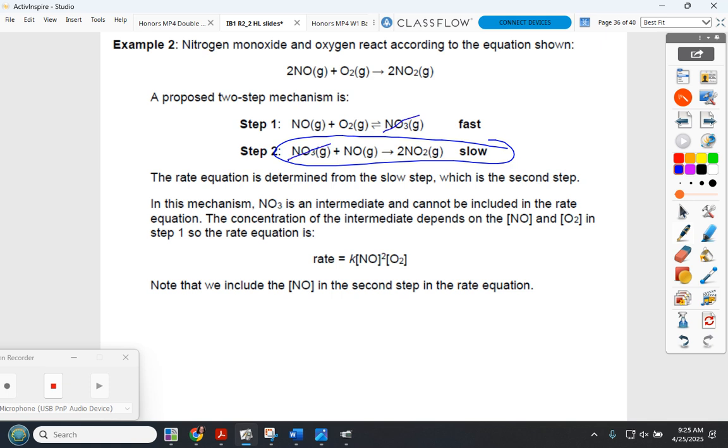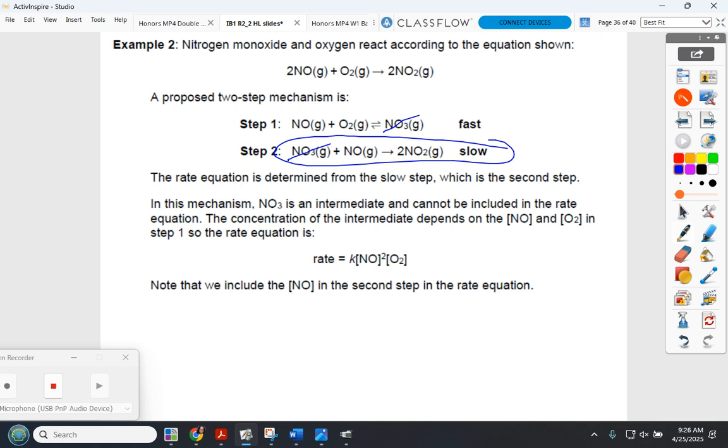However, in the rate equation, we have to account for the fact that this is part of the slow step. But where this comes from is from the reactants of the fast equation.